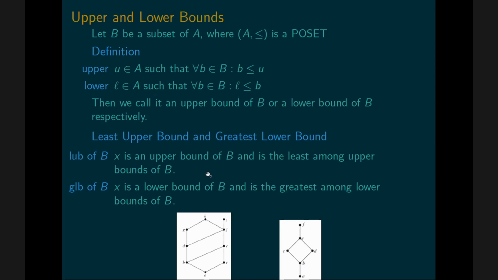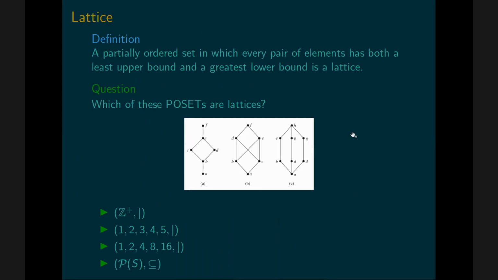So, what is an upper bound? So it has to be the least element among upper bounds. Okay. So here, what happened is that if we take this element and that element, right? So what are the upper bounds of these two elements? It is this, that, and that.